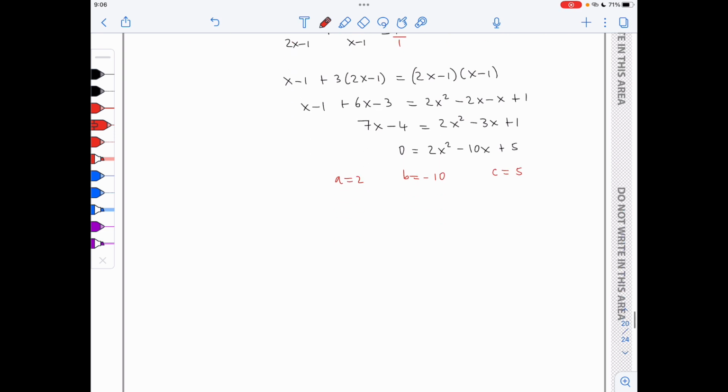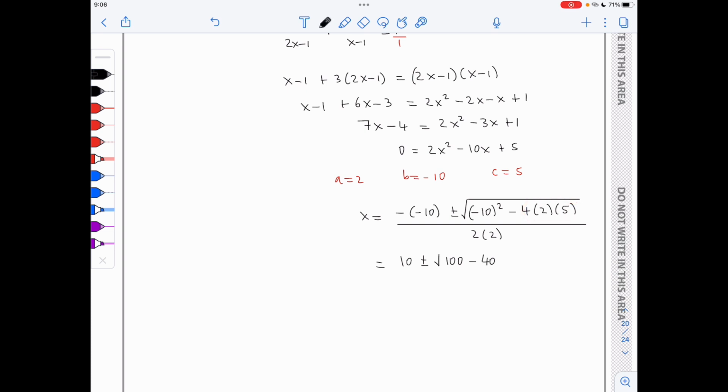So we have that x is minus b plus minus the square root of b squared minus 4ac, and all of it over 2 times a, which is 2 times 2. So this means we've got 10 plus minus the root of 100 minus 4 times 2 times 5, which is 40. So it's 100 minus 40 in the square root, all of it over 4, which simplifies to 10 plus minus root 60 over 4.